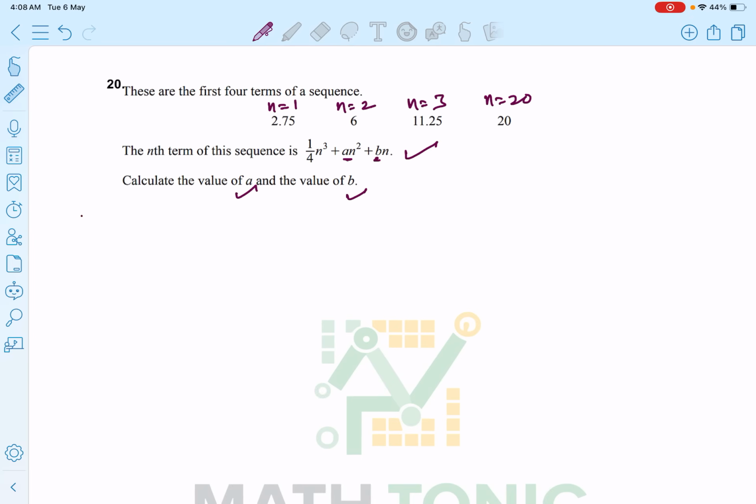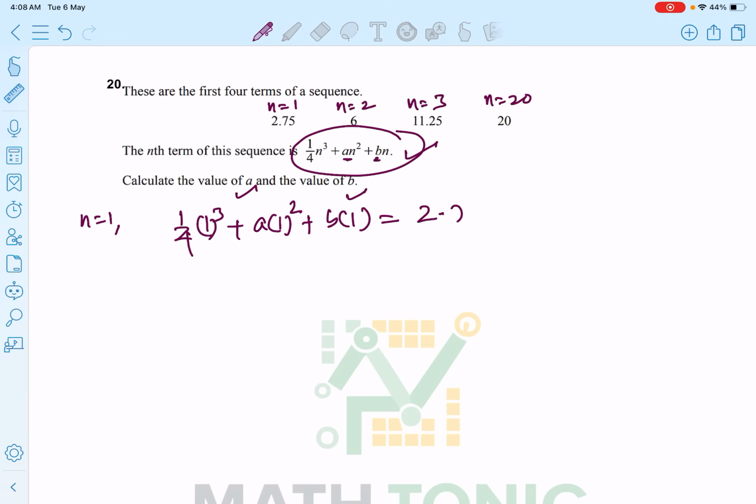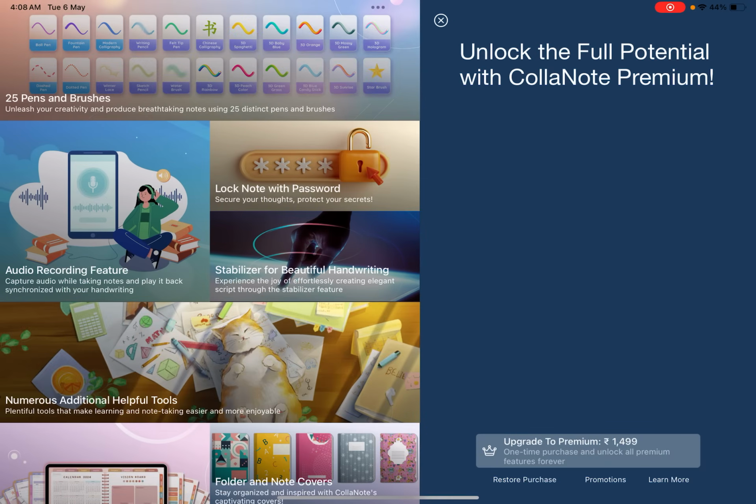So the question is, find the values of a and b. First I will put n equals 1. So this becomes 1 over 4 times 1 cubed, plus a times 1 squared plus b times 1. So I got this as 2.75, because when n equals 1, the first term is 2.75. Is it okay, everyone?